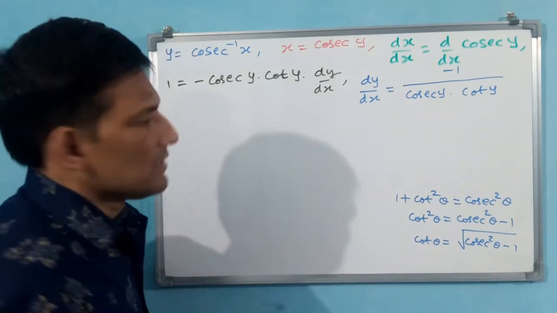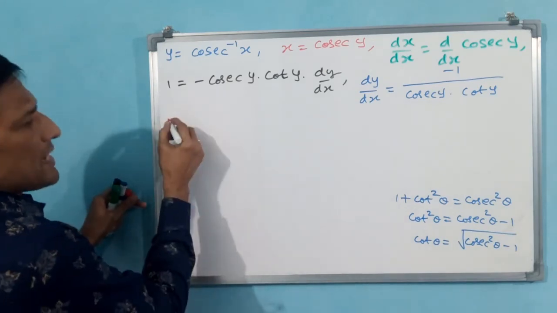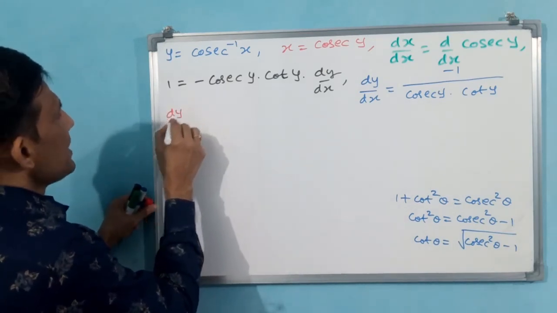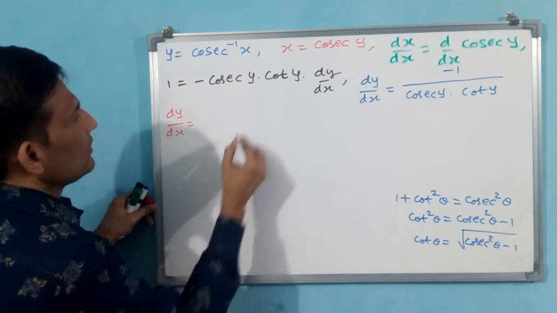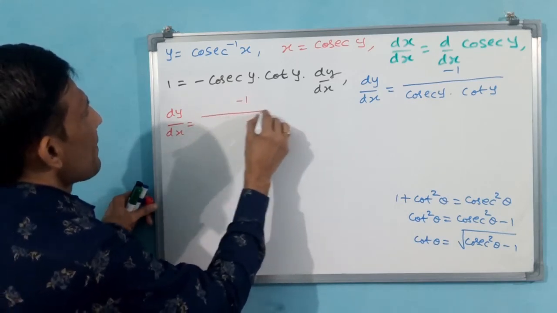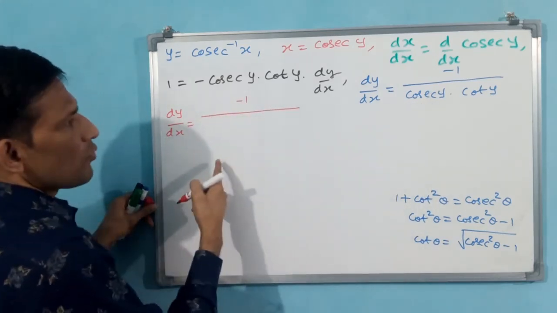Okay, let us do. See what I am writing. dy by dx is equal to minus 1 by cosecant y.